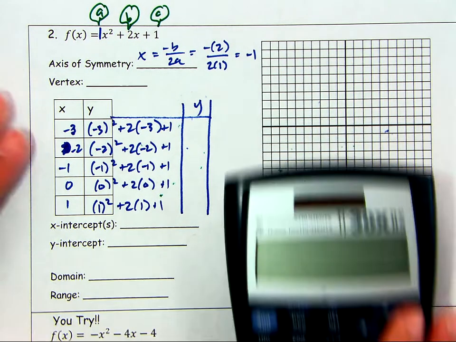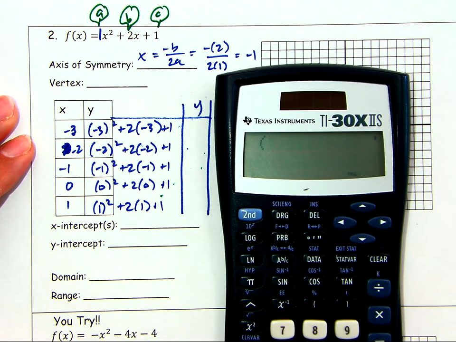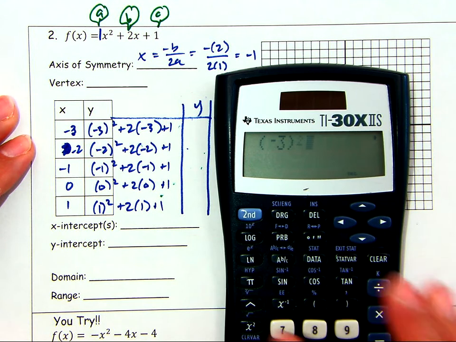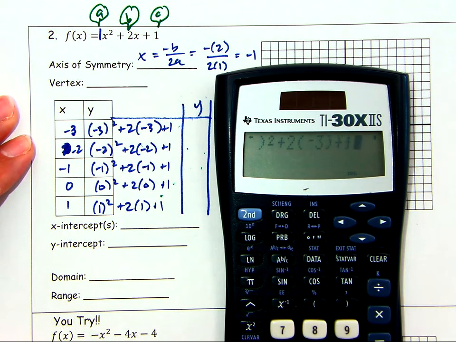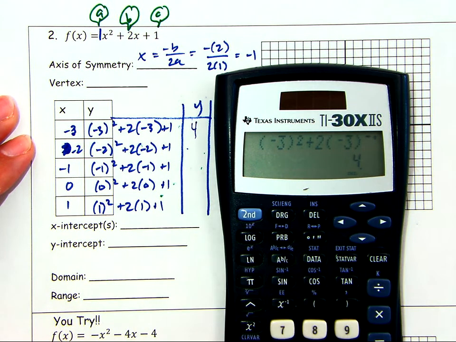All right, so negative 3 squared plus 2 times negative 3 plus 1 is 4. Negative 2 squared plus 2 times negative 2 plus 1 is 1.